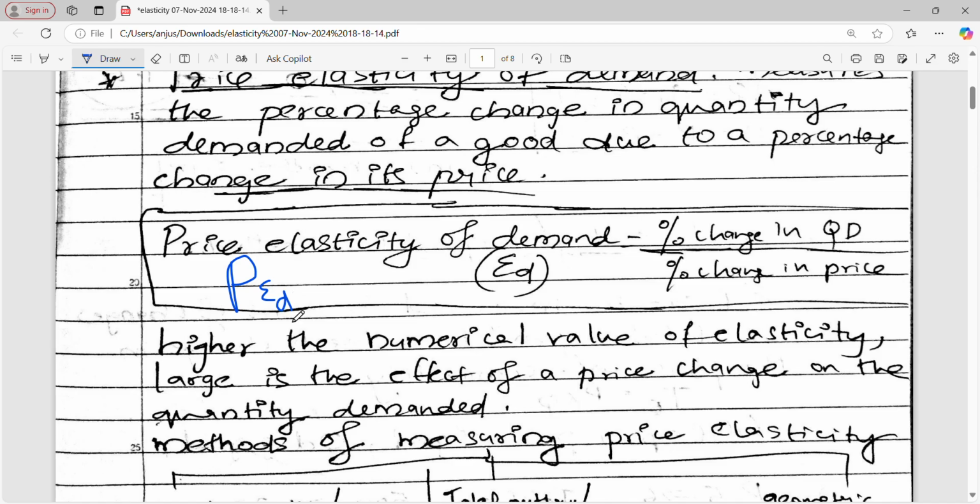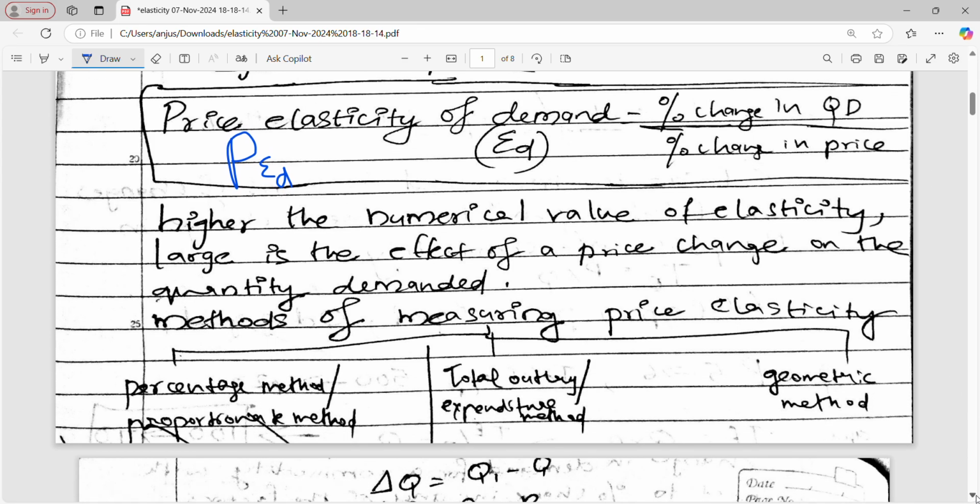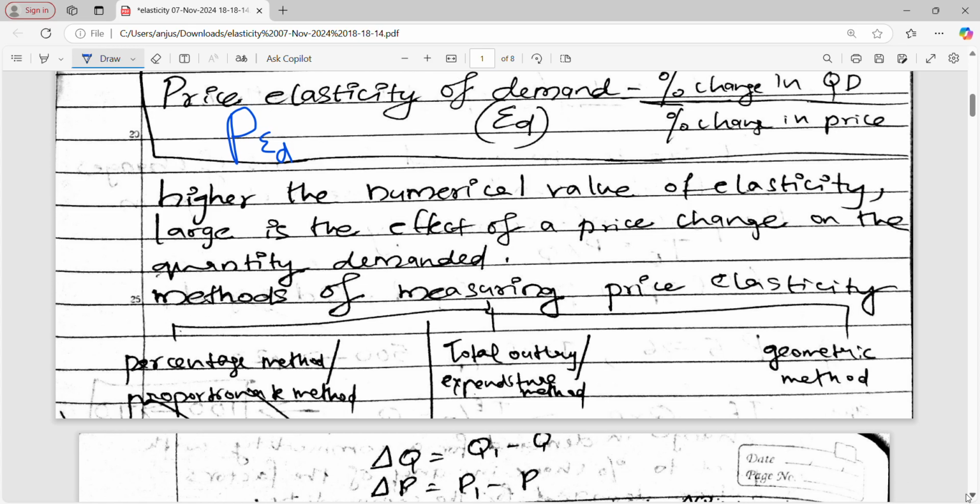It is calculated as the percentage change in quantity demanded divided by the percentage change in price, which we will study later in detail. So the higher the numerical value of elasticity, the larger is the effect of a price change on the quantity demanded.